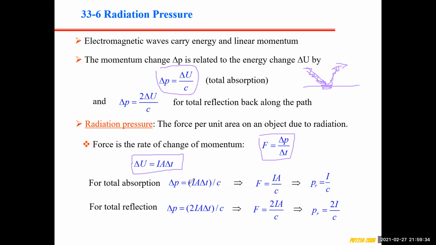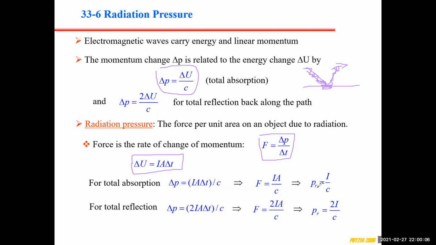For total absorption, we know the momentum change is delta U over C. And we know that force is equal to delta P over delta T, so delta T just cancels out. So you have the force, which is the intensity times the area over the speed of light.